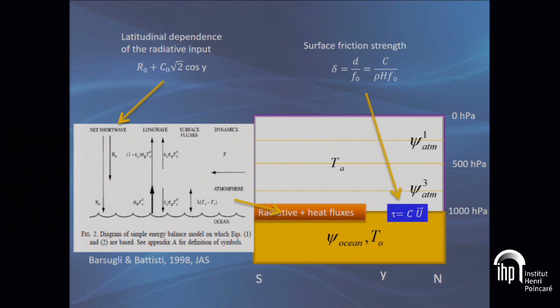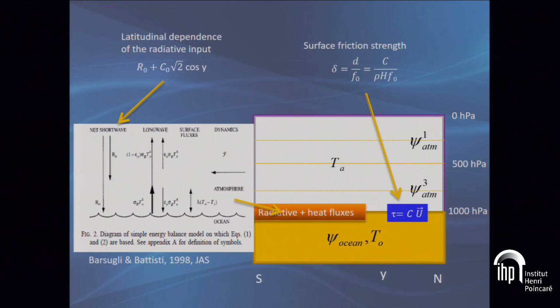One very important ingredient is the energy balance scheme introduced in the system. Net shortwave radiation comes from the sun into the system, partly absorbed by the atmosphere and also by the ocean. From the ocean it is re-emitted as long-wave radiation toward the atmosphere, and again absorbed by the atmosphere.